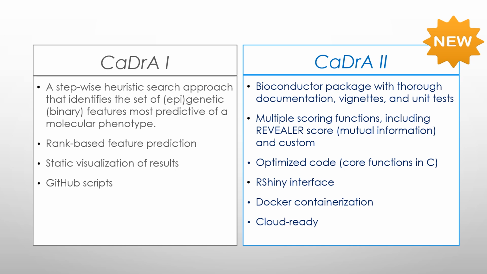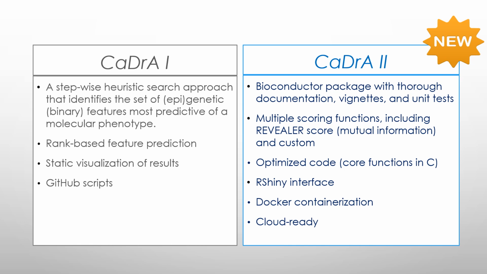And the dependencies had to be independently resolved and installed before one could install and use the package. So we developed a new version of CaDrA, CaDrA 2. It is now implemented as a Bioconductor-compliant package, soon to be submitted, with thorough documentation, including a vignette and tutorial that utilize the sample dataset included in the package.